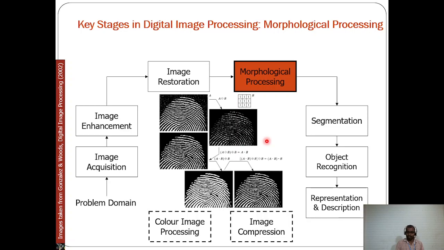Suppose you want to extract the boundary or a region of the image. For that purpose we can use morphological image processing. The best examples of morphological operations are opening, closing, skeleton operations, arithmetic operations, relation operations, logical operations and set operations. All of that comes under morphological image operations.